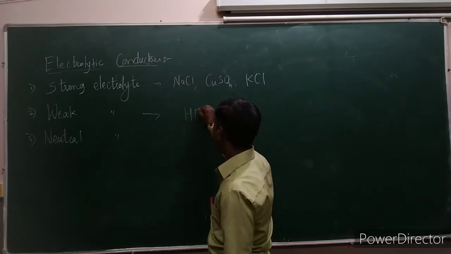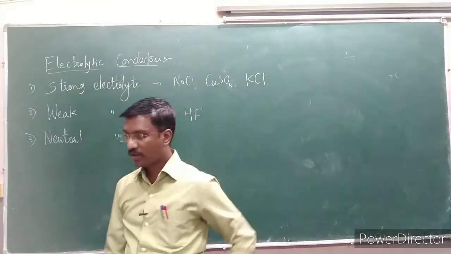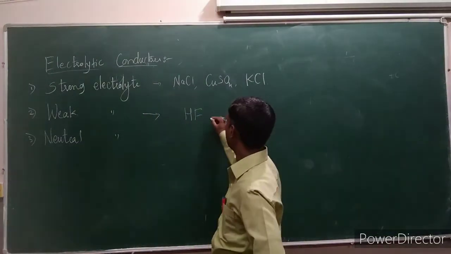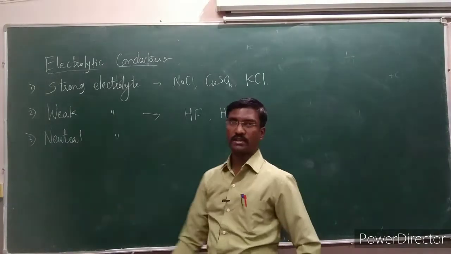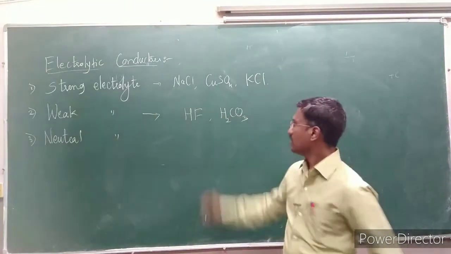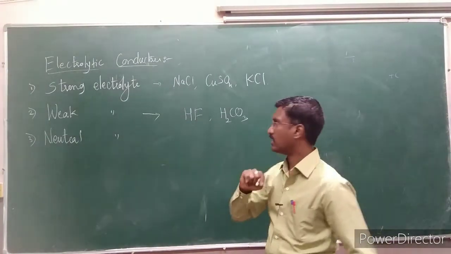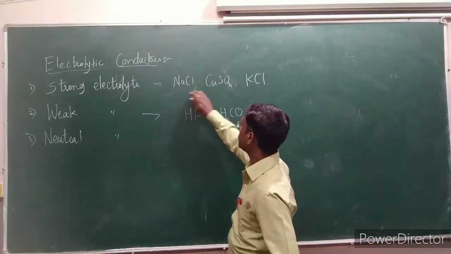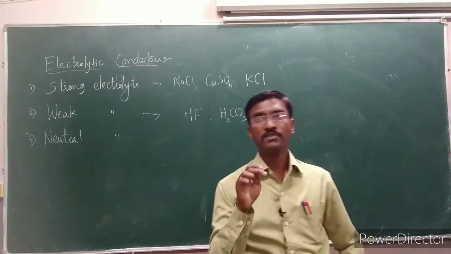For example, hydrofluoric acid (HF), or carbonic acid, H2CO3. These two are examples of weak electrolytes. They partially ionize when we dissolve them in a solvent, whereas the strong ones form complete ionization when we dissolve the solute in a solvent.